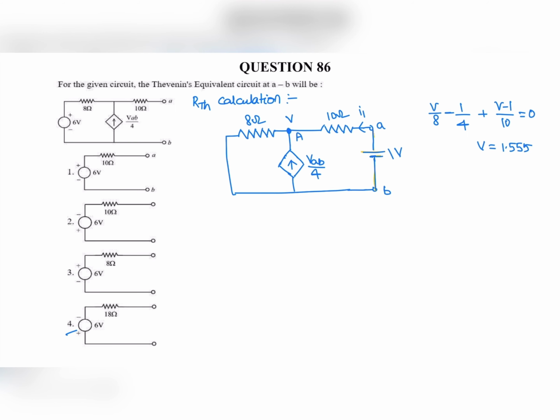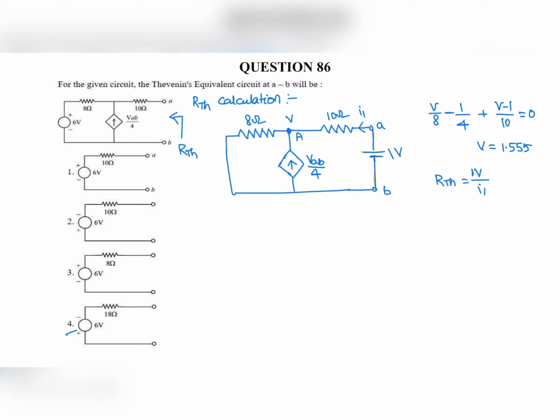Now Thevenin's resistance RTH, we need to calculate the Thevenin's resistance. RTH is the test source voltage, that is 1 volt, divided by the current I1. Let us assume this is the current I1.